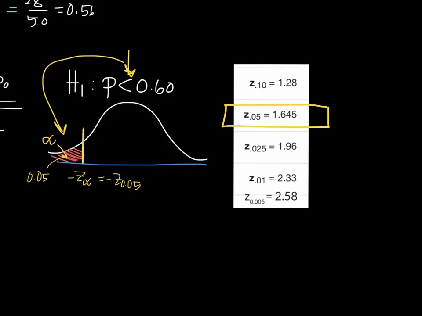Now, since the z of alpha is on the left side, then we should be using the negative value of 1.645. So the boundary is at negative 1.645.